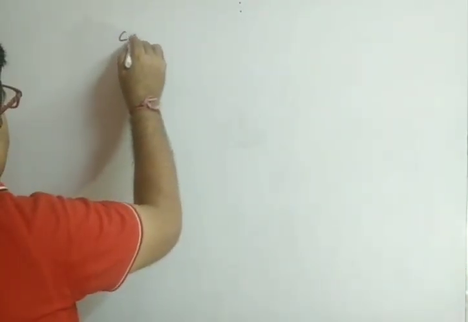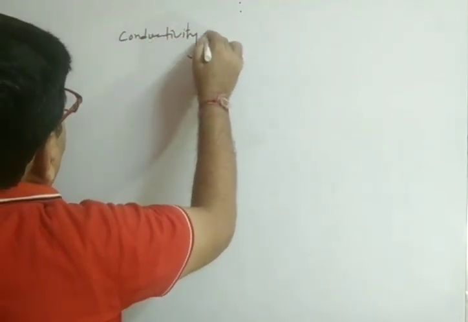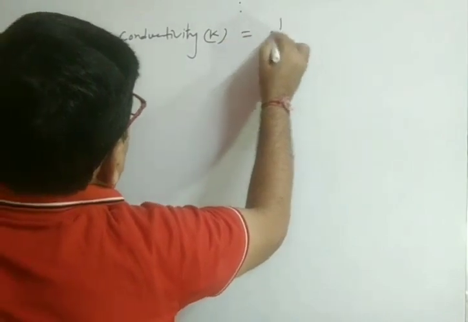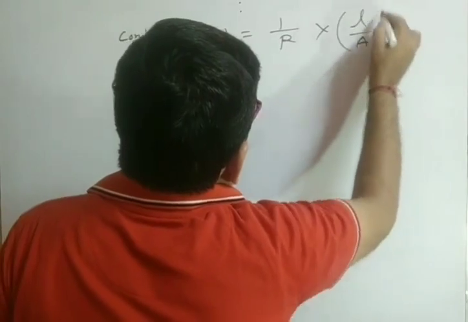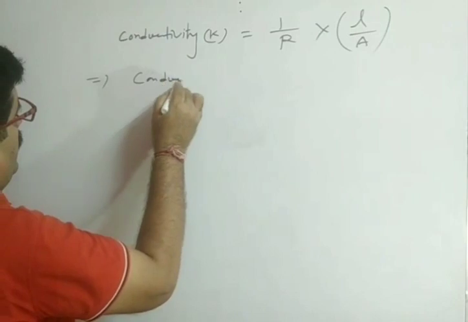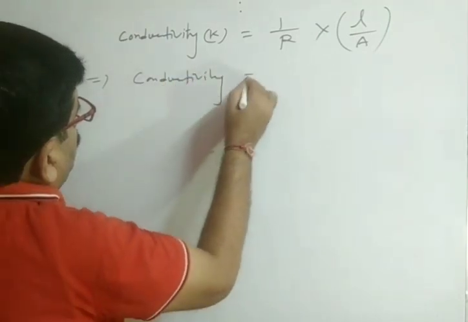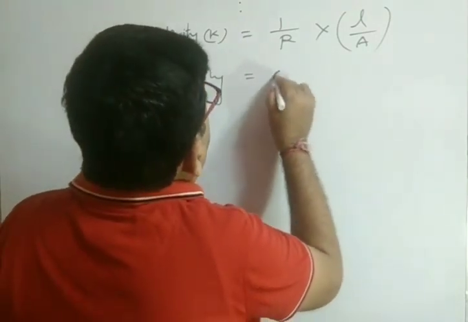You know very well conductivity can be represented by a small k. Mathematically, conductivity can be written as what? One upon R into L by A. So you can write conductivity is equal to 1 by R, which is known as conductance.